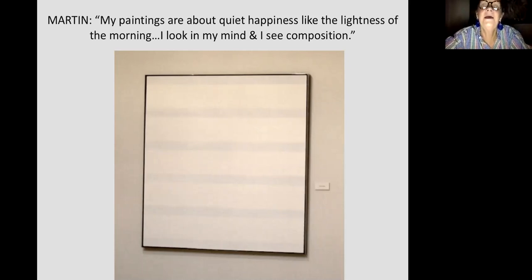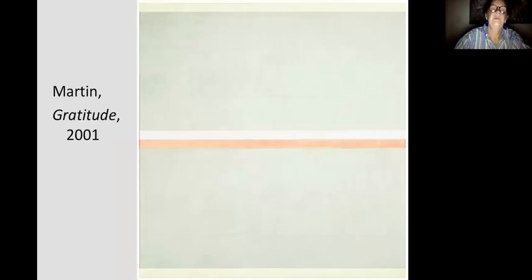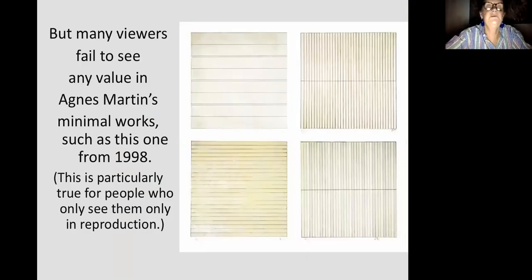I look in my mind and I see composition. Can you see those really, really pale horizontal stripes in kind of a gray, smoky gray, and then the color in between them? So this is her large painting, Gratitude. These are some of her small drawings.